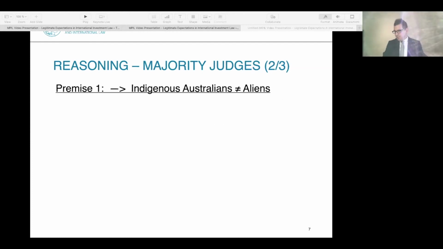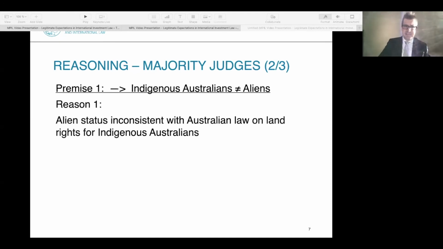The majority judges, in their first reason, are going to say Indigenous Australians are not aliens. They give three reasons for this.